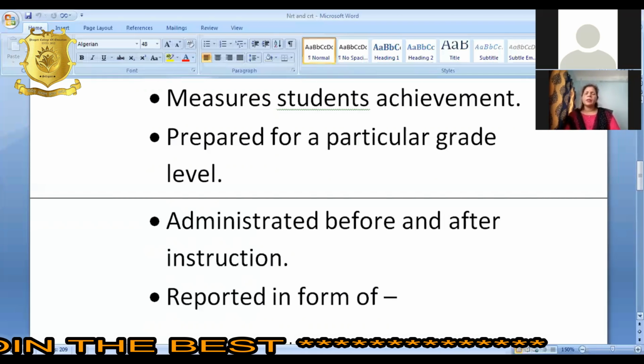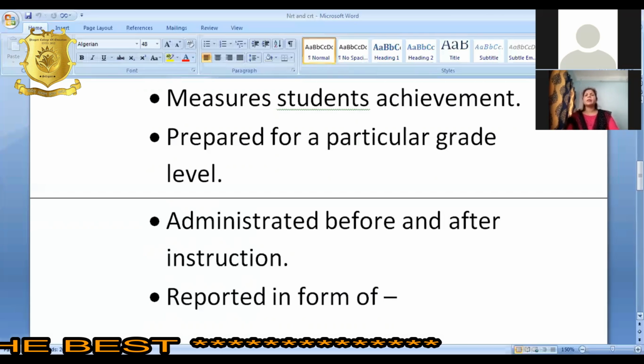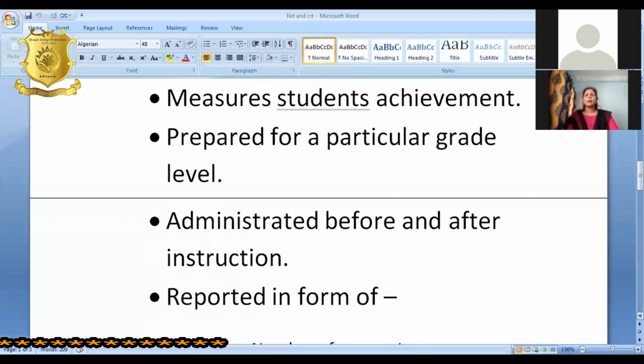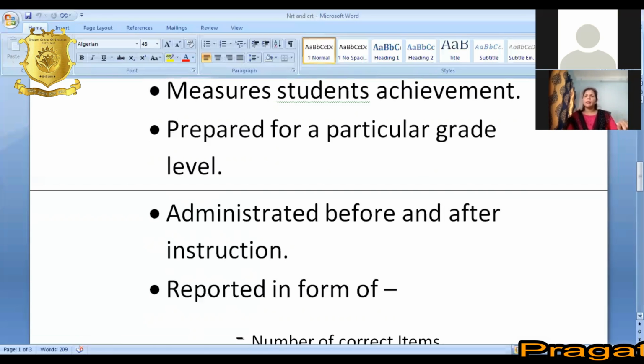The next characteristic is that it is administered before and after the instruction. When the teacher is going to teach in the class, before teaching the teacher will ask the students questions to know their previous knowledge, and that test is a CRT test administered before the instruction.